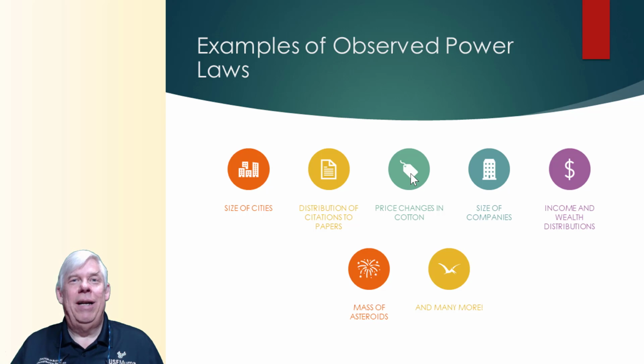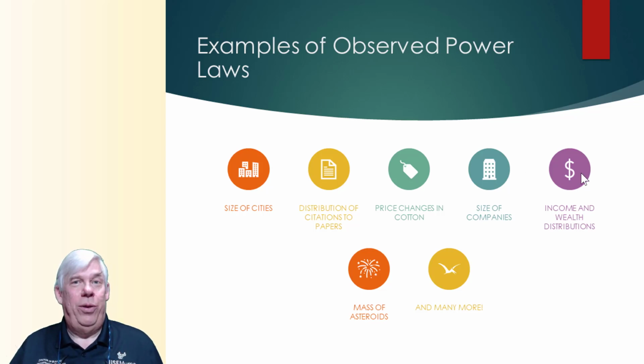Price changes in cotton. I think this was originally known as Zipf's law, but it turns out to be a power law. The volatility of commodity prices every once in a while will show a huge spike way outside the sort of standard deviation that you'd expect from a normal distribution. The size of companies is distributed according to power laws.